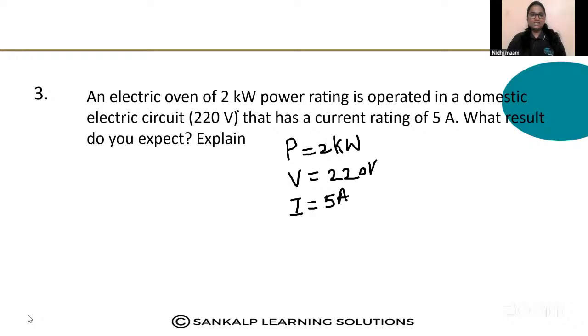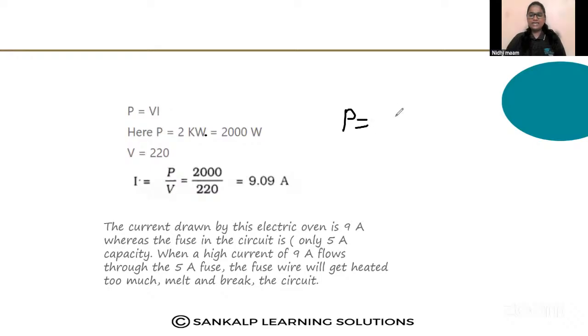See here, first we have to find the current. How much current will be used by this? Here we know one formula in electricity: P is equal to V into I. So we want I here. I is equal to P by V. Okay, P is equal to I into V, I is equal to what?